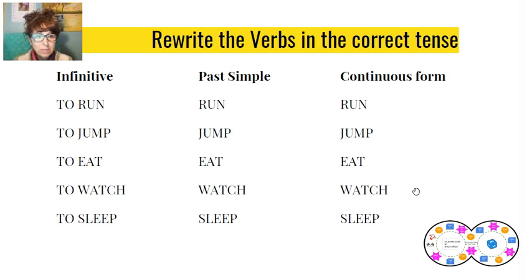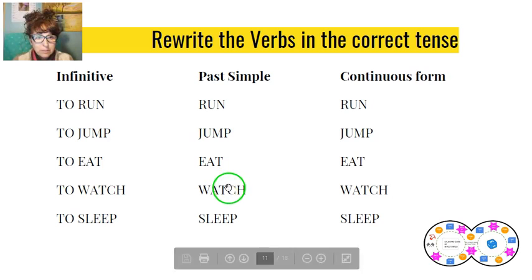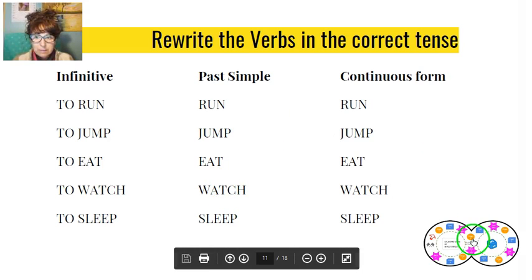I will share this slideshow and the PDF so that you can see how it does work. Once they get to the card, here they have to rewrite the verbs in the correct tense, which is fun. Here it's in the infinitive, they're all correct, in the past simple, and in the continuous form. Now they would have to fill these in correctly.